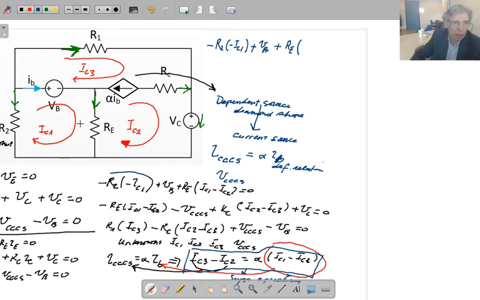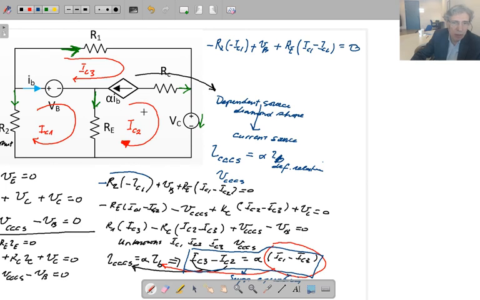And this first mesh current direction is the same of this element direction, current reference direction. So it's going to be plus IC1 minus IC2. Why it is minus? Because direction of this element and this mesh current is opposite to each other, so I put minus there. So equal to 0. Don't forget that you got three terms here and you got three elements in the first mesh. So I have checked it at the same time.